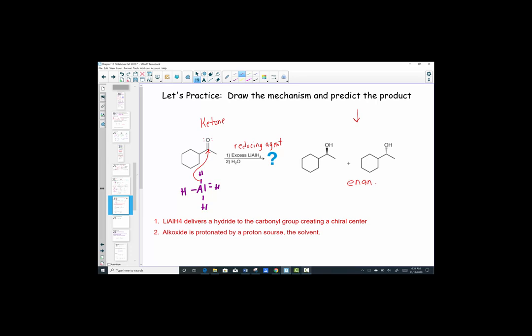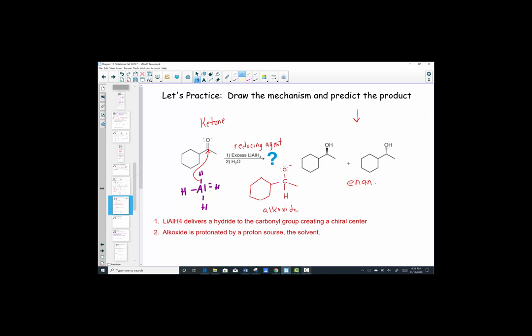So then our first step, we're delivering the hydride. So when this happens, this carbonyl is now turned into an alkoxide negative ion because we've now delivered a hydrogen source to it. So this is the alkoxide intermediate.